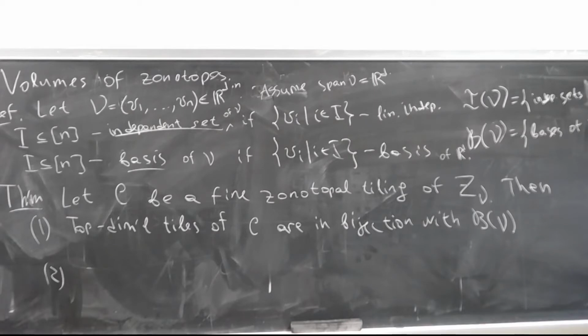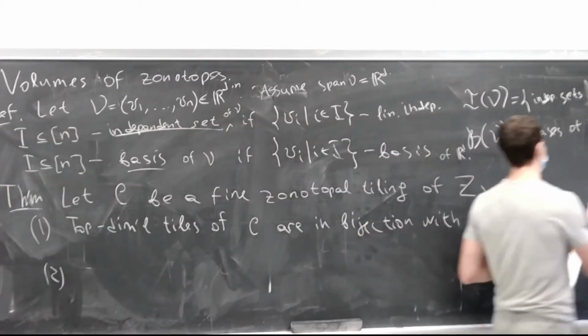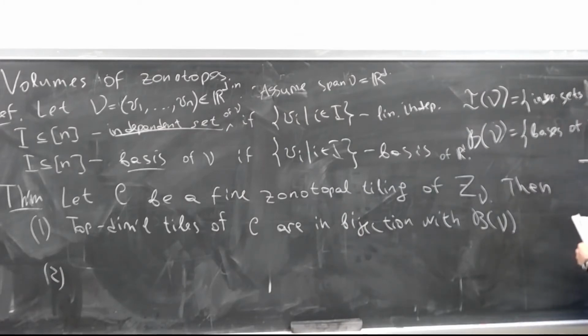Yeah, let me actually try an example. Let's say I draw a picture like this. My vector configuration V is a configuration of 4 vectors like this.